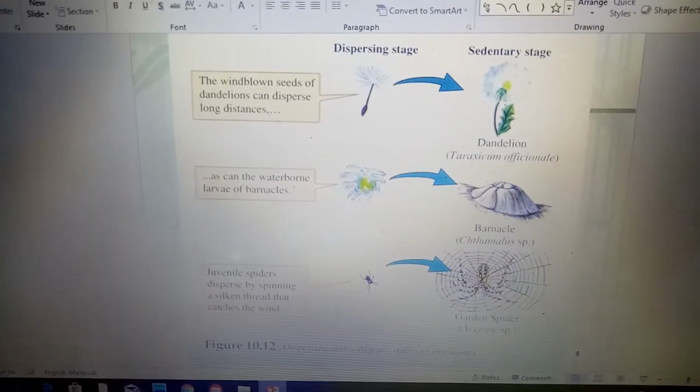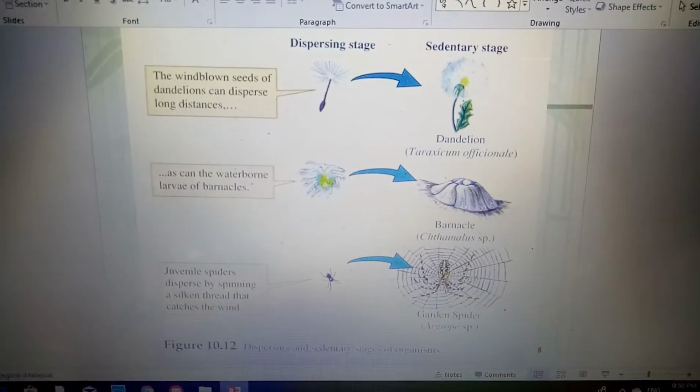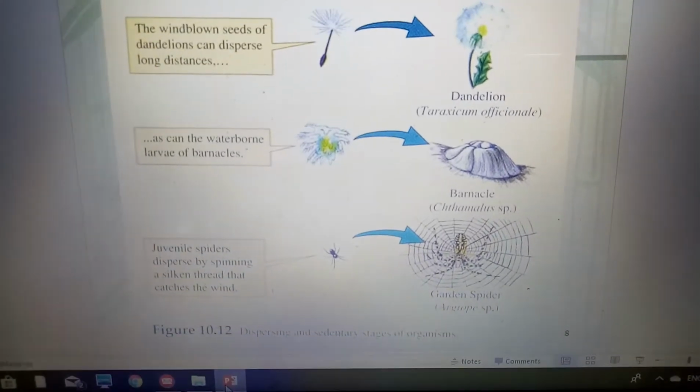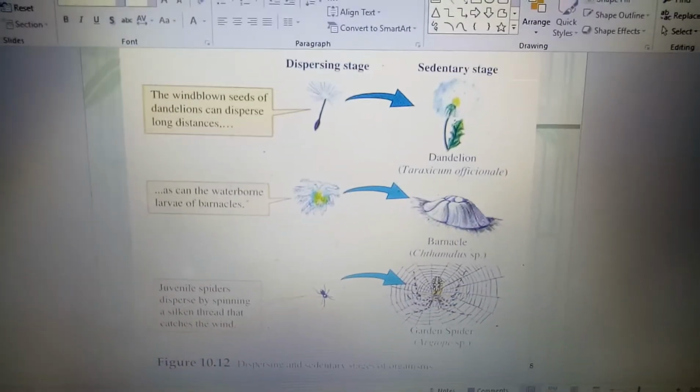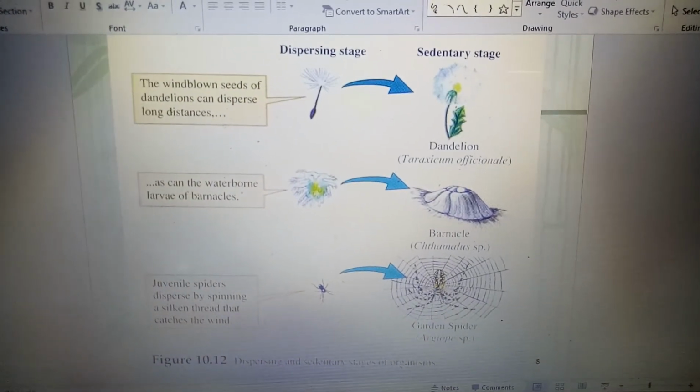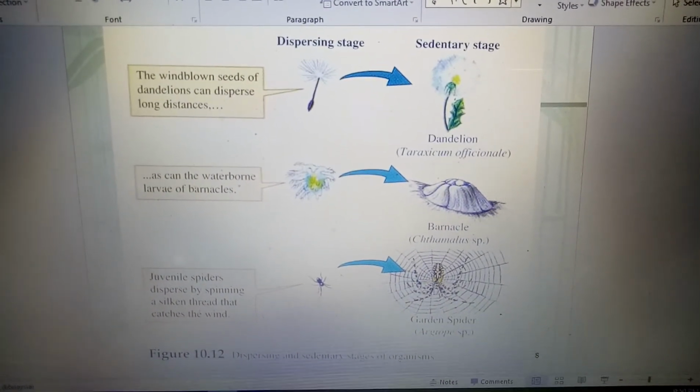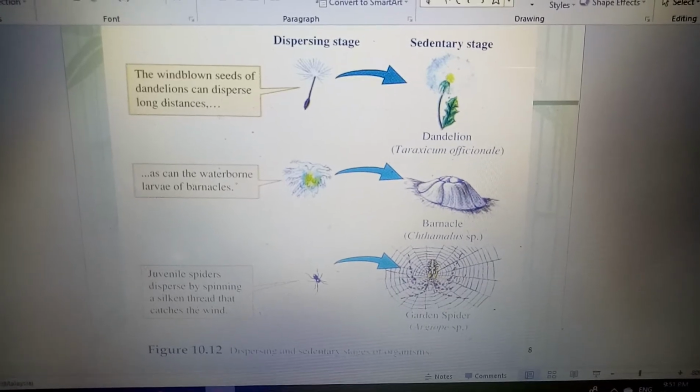Next is figure 10.12, about the dispersing and sedentary stages of organisms.